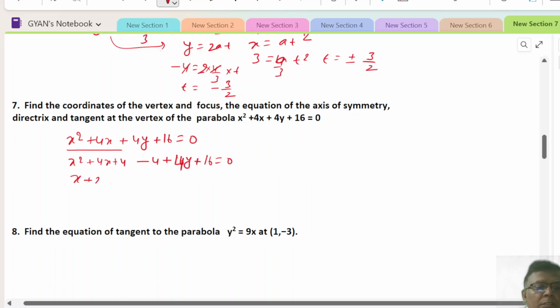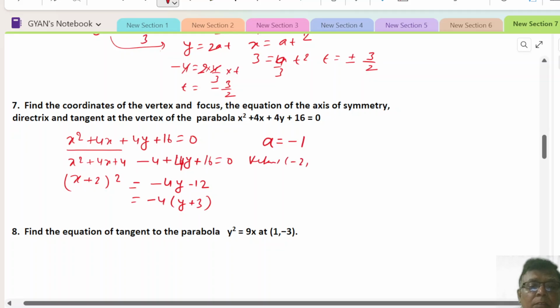So here you can write x plus 2 the whole square is equal to minus 4y minus 12. Now take common minus 4 by plus 3. So a is equal to what? A is equal to minus 1, and vertex is equal to minus 2 comma minus 3.